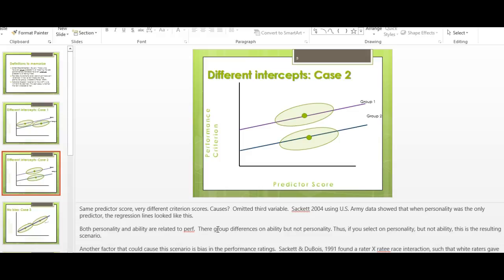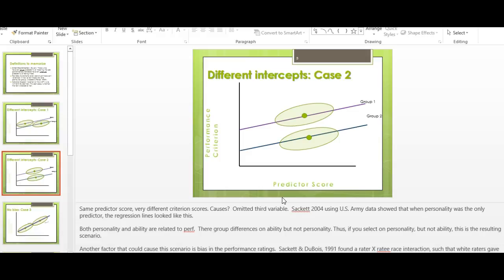Okay, so again, there are group differences on ability but not personality. So if you select only on personality and not ability, then we may see this scenario happening. Okay, so again, with this pattern of findings, there are two possibilities you'll want to look into as the HR professional. First, how are people being rated, and are they using cues that they shouldn't be paying attention to when rating performance?